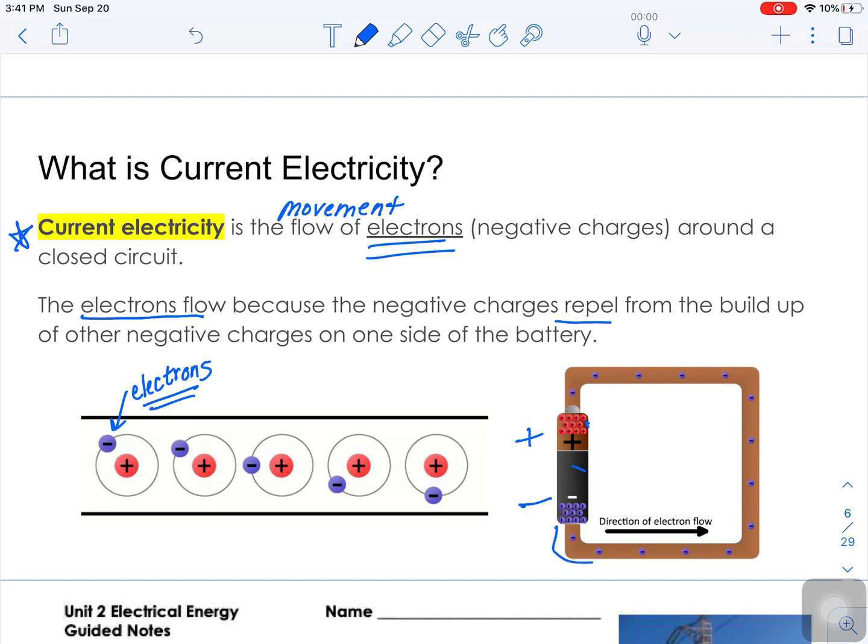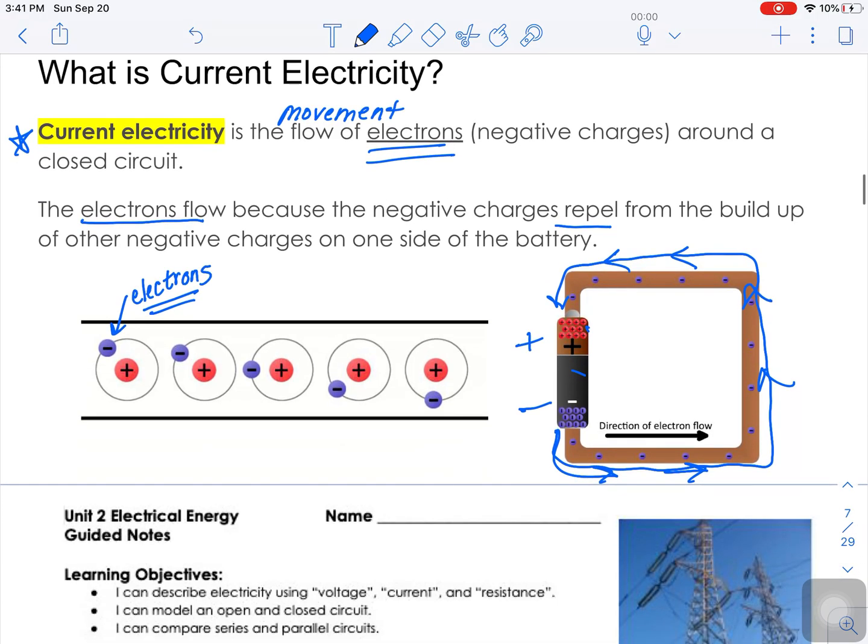Well, when I connect some sort of a wire or a pathway and I have the opposite charge on the other side, these negative charges are able to essentially push out, and now they have a pathway where they are pulled towards the positive charge of the battery. Okay, so when we have this motion, we call this current electricity.